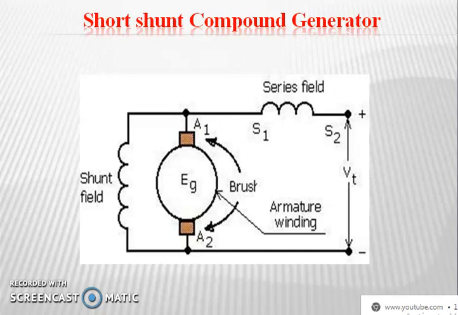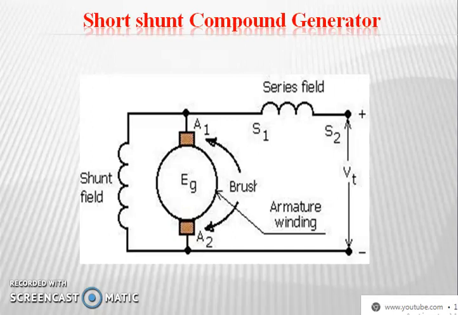Once again I will brief whatever I covered. Basically, DC generators are classified as separately excited DC generator and self-excited DC generator. Self-excited generators are classified as DC shunt generator, DC series generator and DC compound generator. The separately excited DC generator is only one type, but the self-excited DC generator is again classified as DC shunt generator, DC series generator and DC compound generator.